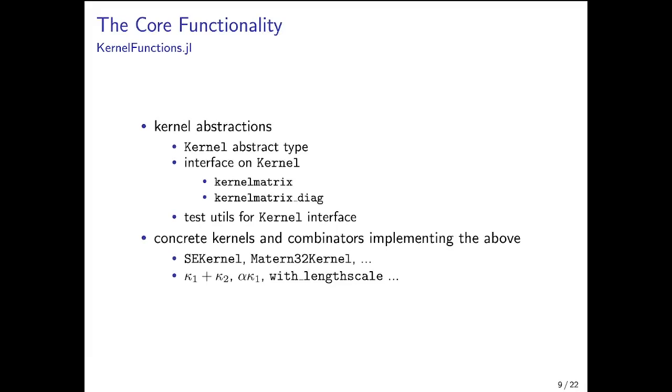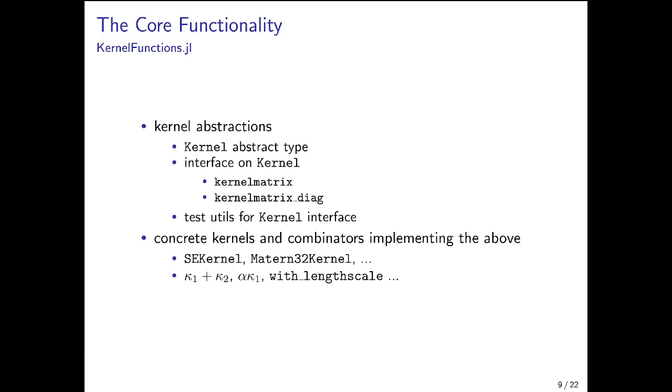So just diving straight in, I'm going to give you an overview of what's contained in each of these packages, because there's not too much if you abstract away enough in any of them. So KernelFunctions has two things. It has an abstraction for kernels, and then it has a bunch of kernels. So for the abstraction, we've got an abstract type called Kernel, on which we define a pretty straightforward interface.